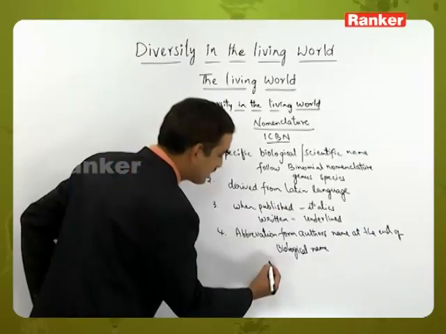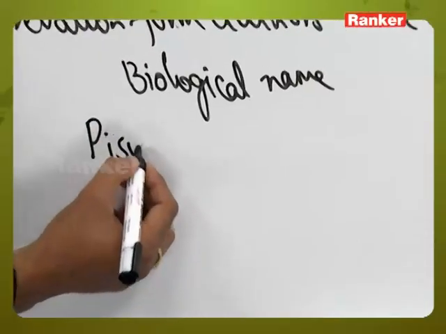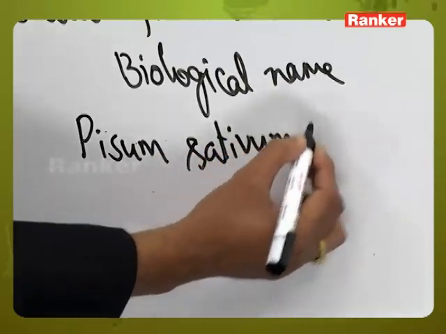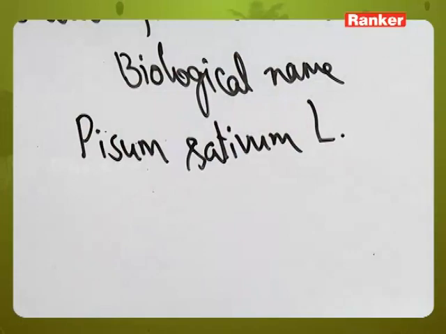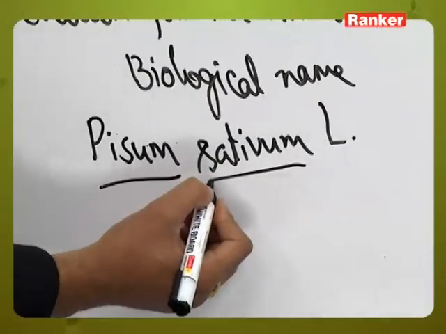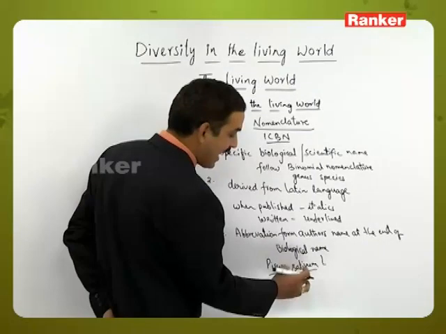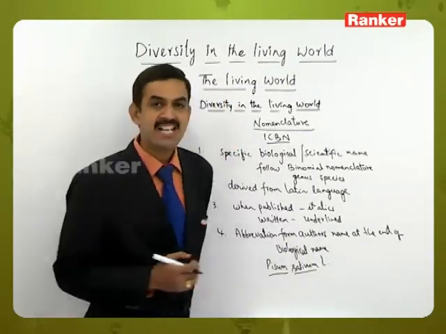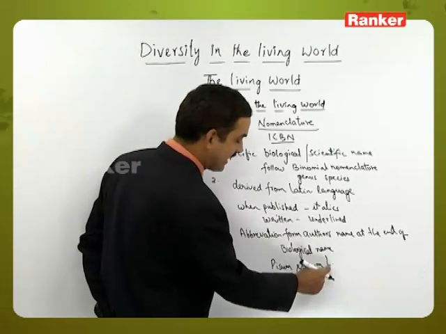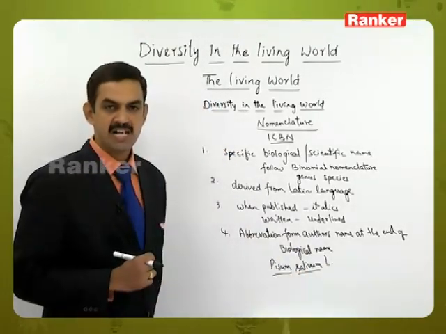For example, let us take Pisum sativum. After that we can write L or LINN. Pisum is the genus and sativum is the species name of the garden pea plant, and the name was first given by the scientist Linnaeus. That's why the name of Linnaeus has been abbreviated at the end of the scientific name.